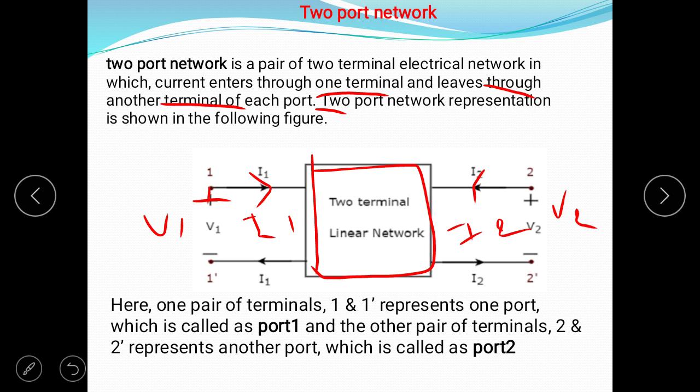So here one pair of terminals, that is 1 dash, represents one port which is called port 1, and other pair of terminals that is represented by 2 dash is another port which is called port 2. So the complete network is called two-port network because there are two ports.